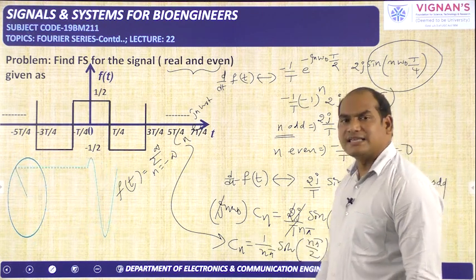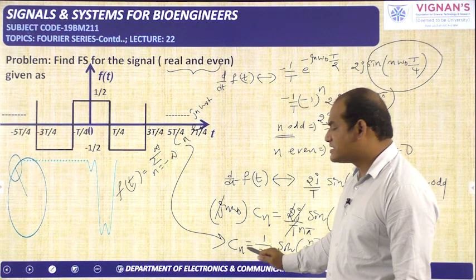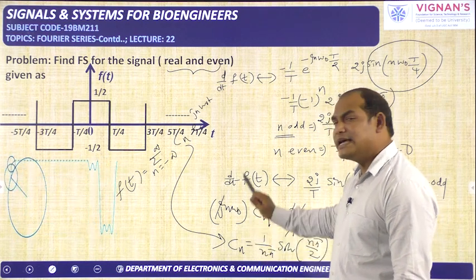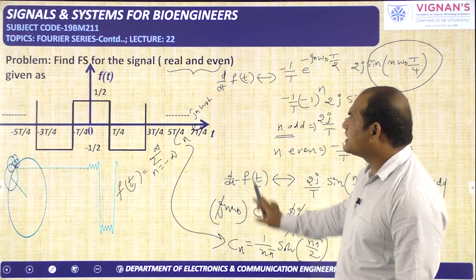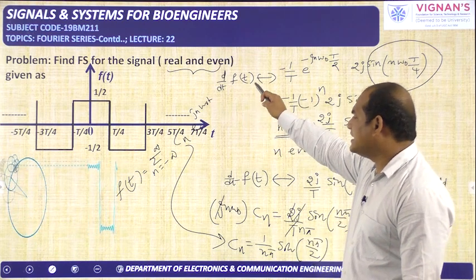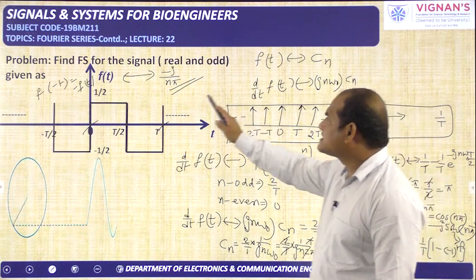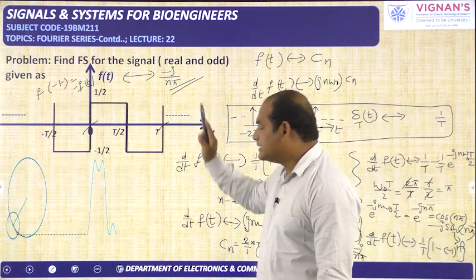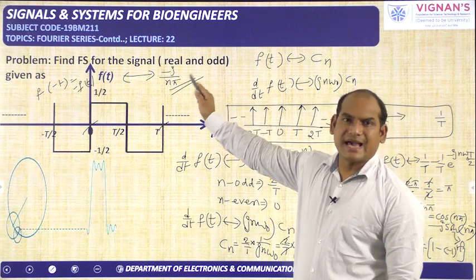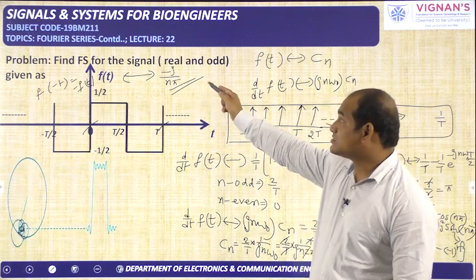For both, we get Cn as the same thing. That means it has an even spectrum. So whenever the given f of t is real and even, the coefficient is also even only. But whenever the given signal is real and odd, the coefficient is purely imaginary. Purely imaginary, there is no real term at all.